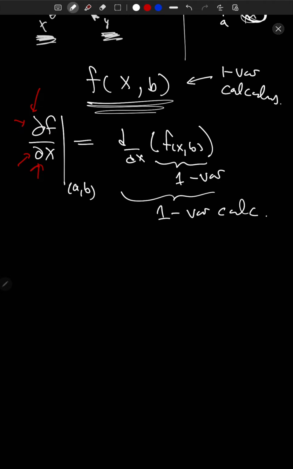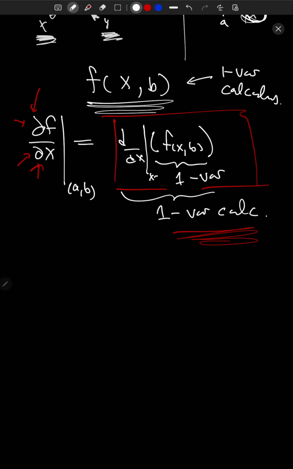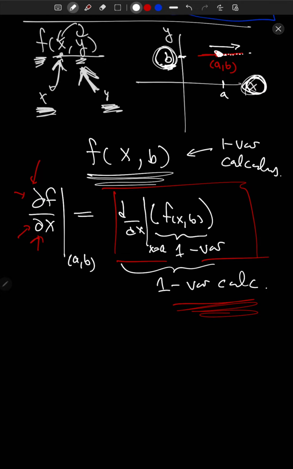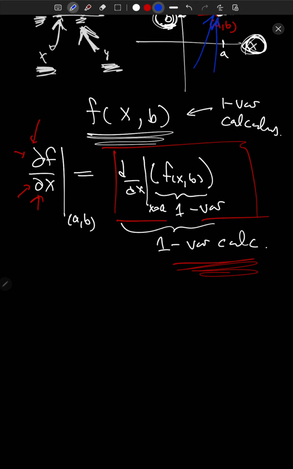And so what we've done is we've reduced the question of what is the partial derivative into a question of just computing something in one variable calculus. And this derivative d dx, of course, is computed at x equals a, right? Because that's our point of interest. We're calculating right there. Okay. Let me fix that d dx right there.